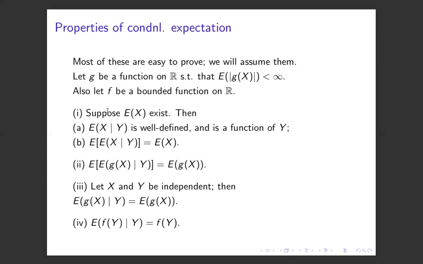Now the other extreme: instead of independence, X depends on Y, so that X is a function of Y, let us say we denote it by f of Y. Then the expectation of f of Y given Y is precisely f of Y itself. In particular, for example, the conditional expectation of Y given Y is Y.